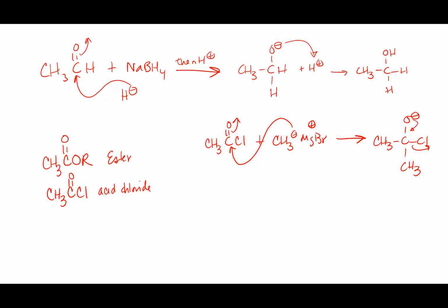That couldn't happen before because that was a carbon or a hydrogen. So the molecule was stuck. Now it's not stuck anymore. So I reform my carbonyl. And this was the alkyl group that was added from the Grignard. And I would get a Cl minus.